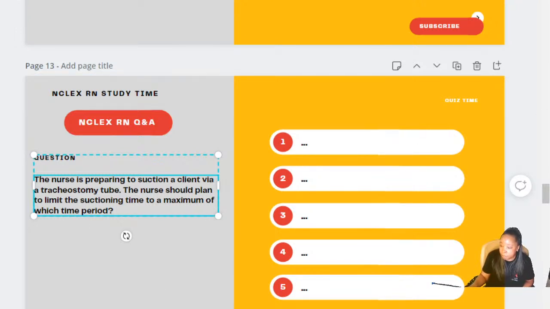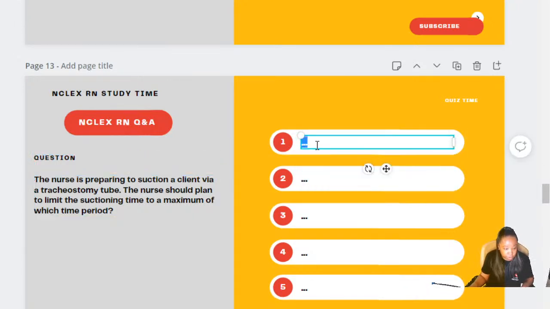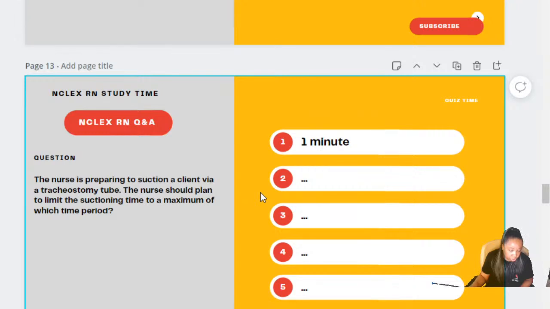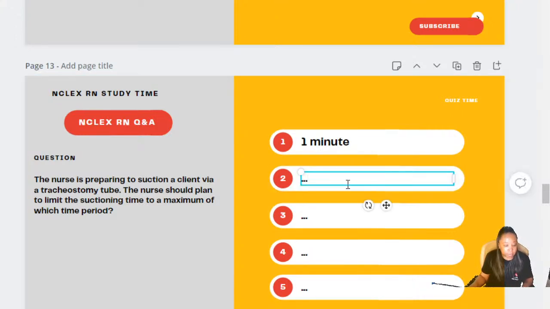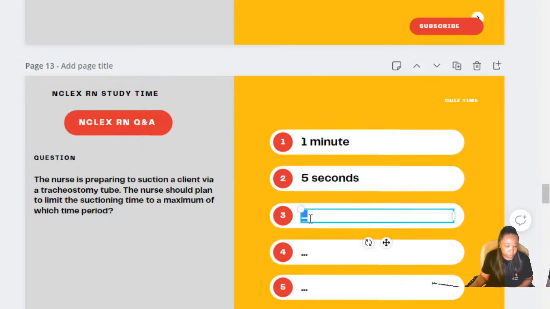But it's really important that you know the period of time that you have to suction the patient for. The first answer says 1 minute. The second one says 5 seconds. The third one says 10 seconds.